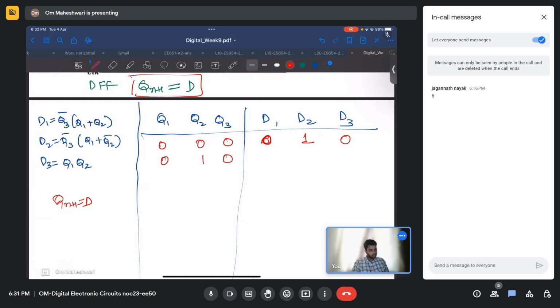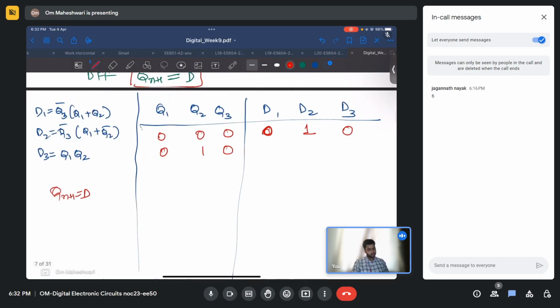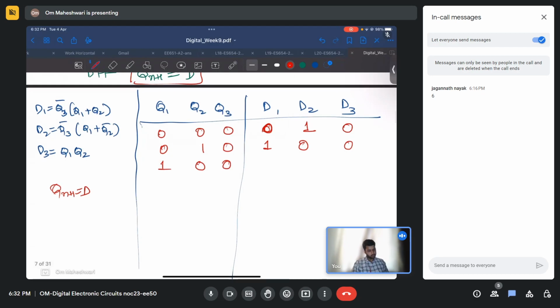Now again we see D1: Q3 bar is 1, Q1 is 0, Q2 is 1, it will be 1. D2 is 0, D3 is 0, so it will be 100. Now D1 is 1, D2 is 1, D3 is 0, so 110.